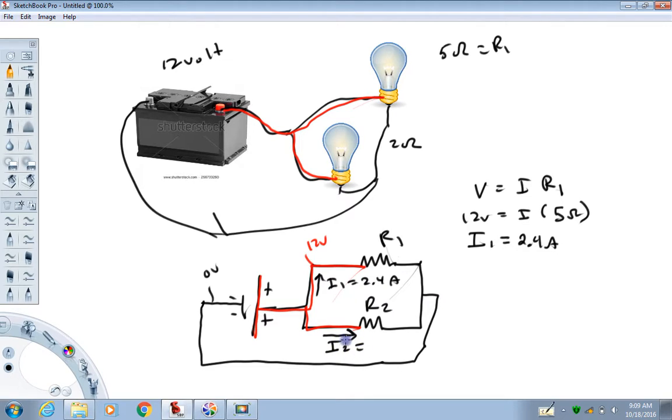We can find that current by writing down Ohm's law, V equals IR. Taking note that the voltage is, again, red to black, that's a 12 volt potential difference. The I2 we'll know in a minute, and the resistance is 2 ohms. So the current I2 in this case is going to be 6 amps.